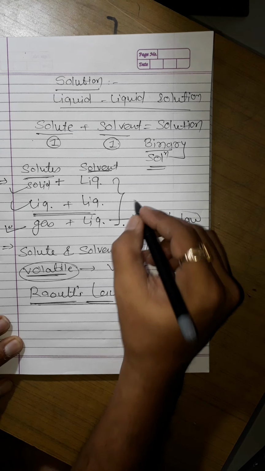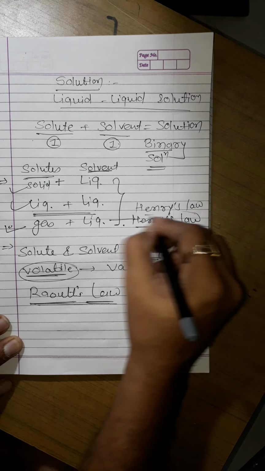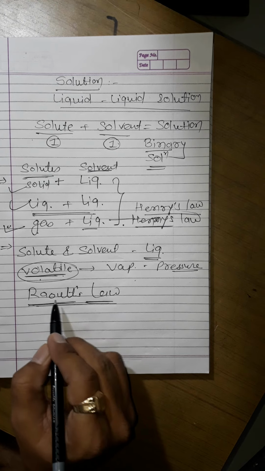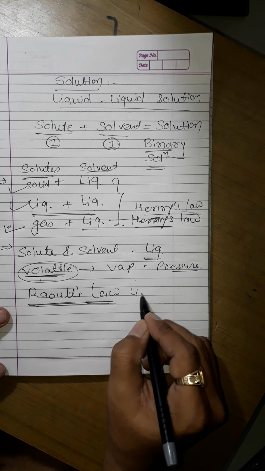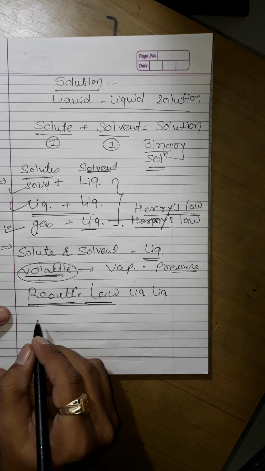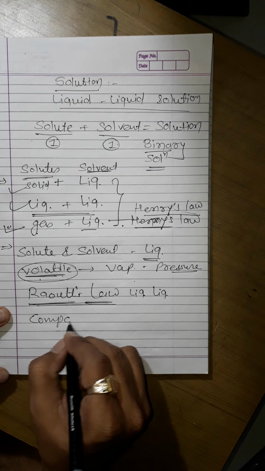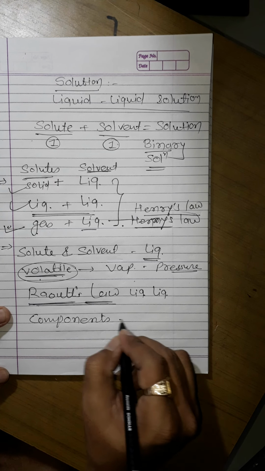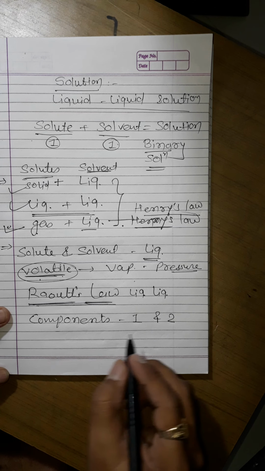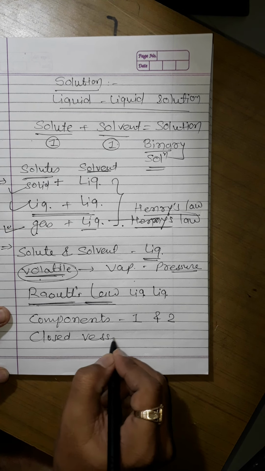As we have seen Henry's law, in Henry's law a gas was dissolved in liquid. In Raoult's law friends, we are going to learn about liquid solutions. Here we will discuss a few important things. We will consider two components, 1 and 2. They are taken in a closed vessel.